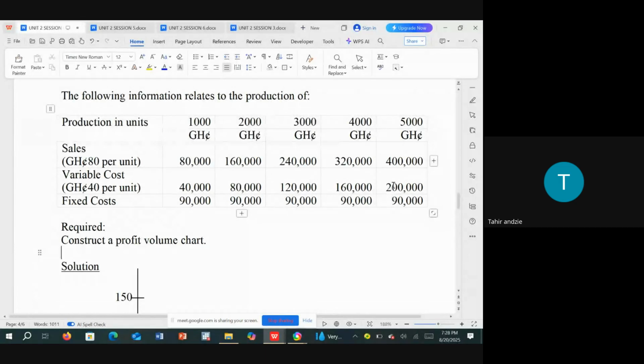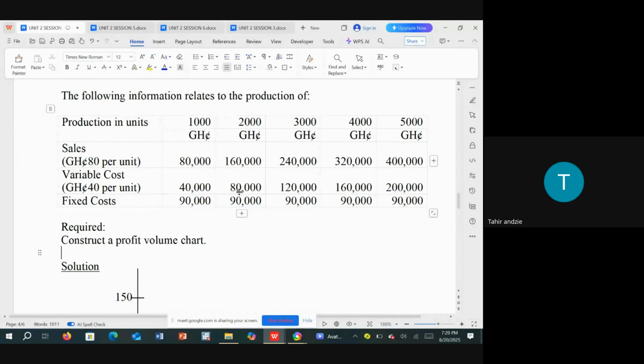Okay. So at this level, remember that the profit is sales minus the total cost, and total cost here is 130. So we have the loss of 50, but the maximum loss is 90,000. Then you come to activity level 2,000 here.